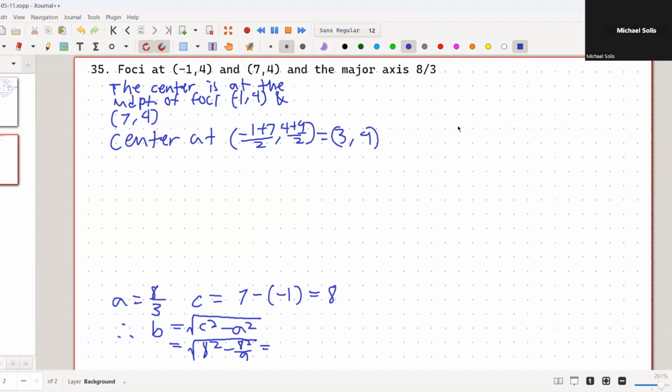Ngayon, since you know the center, ano ngayon yung translation equations? Or it is now convenient to introduce prime coordinates related to the original coordinate system by, and then yung transformation equations. So, next line.